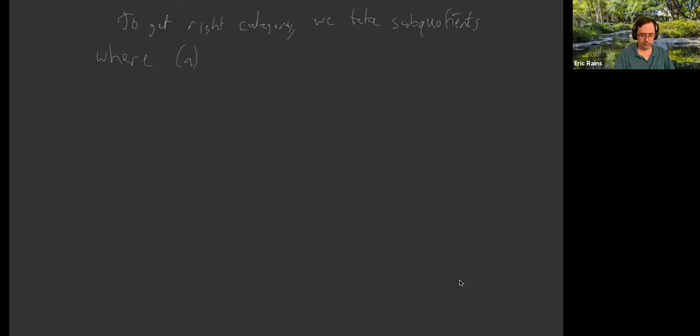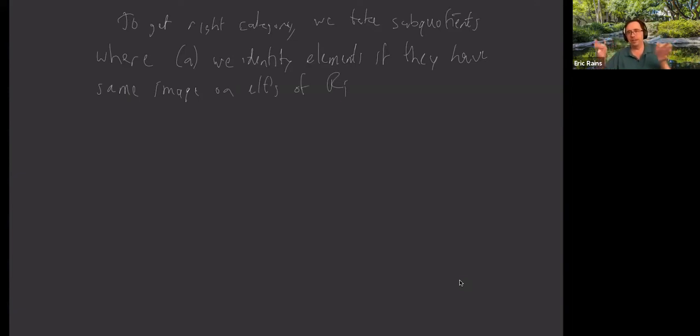On the one hand, we identify elements if they have the same image on elements of R_i, where I just mean i mod 2.